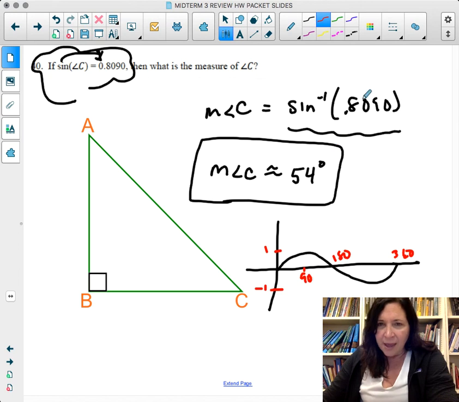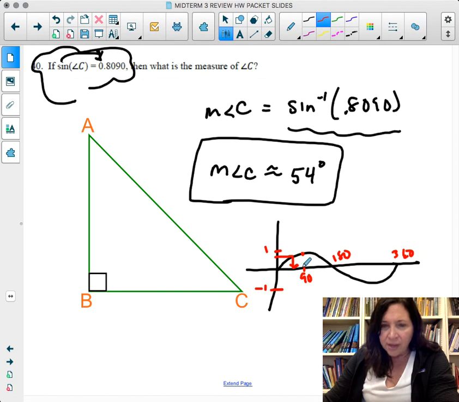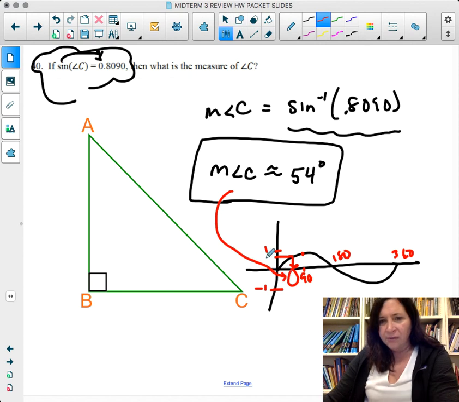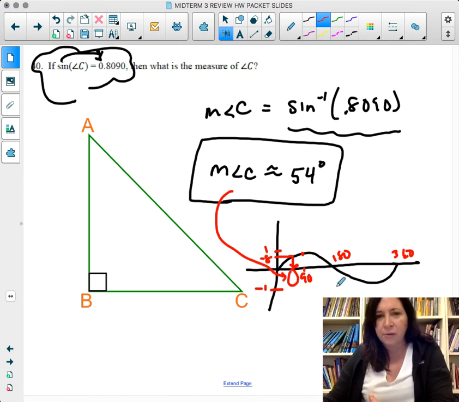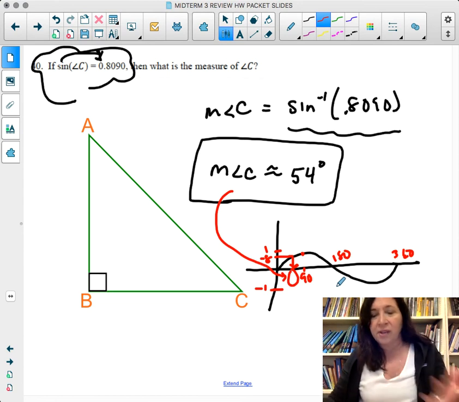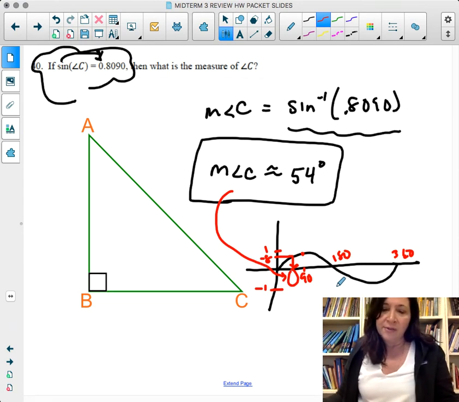At 0.8, if this is 90 and 90 is at 1, then 0.8 is about right here, and that's what they're looking for. That angle is about 0.8, which is about 54 degrees. So that's what that is. Arc sine is like asking where is the angle.